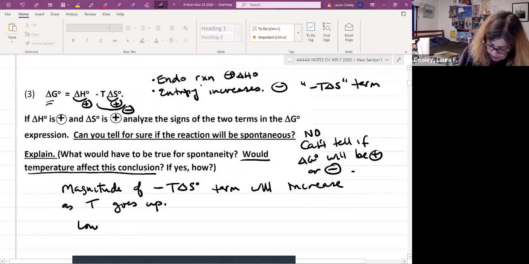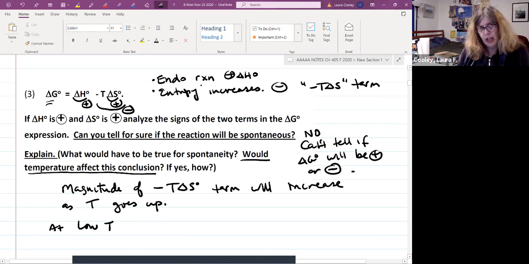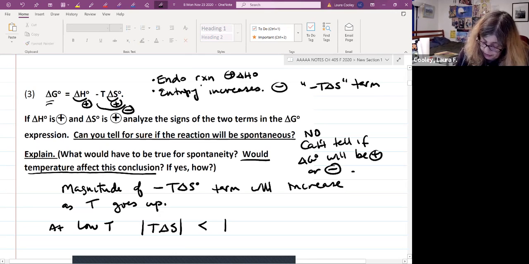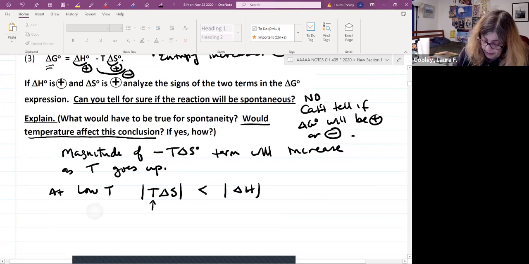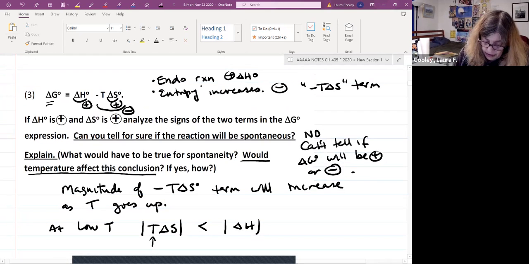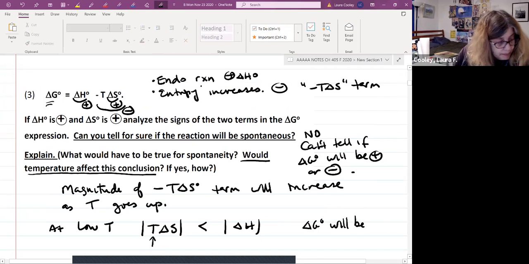So at a low temperature, you can pick whatever low temperature you need, it will have a magnitude that is smaller than delta H. At low temperatures, this T delta S will be smaller than delta H because it depends on the size of T. Okay, and when that happens, that means that delta G will be negative.